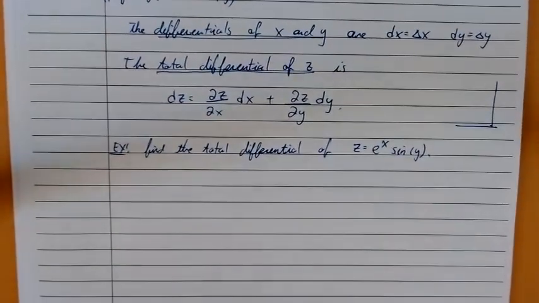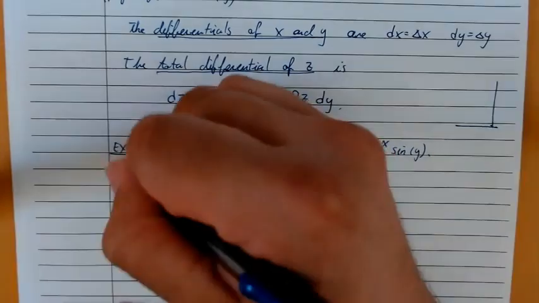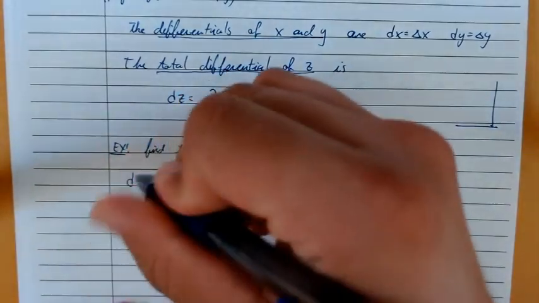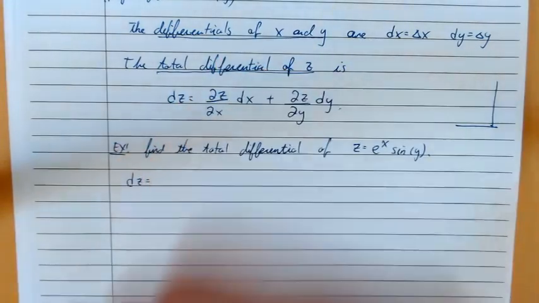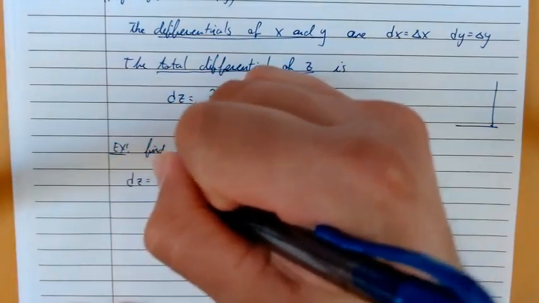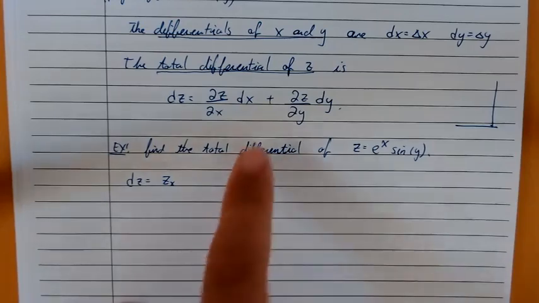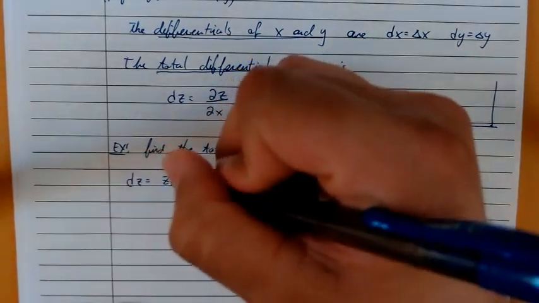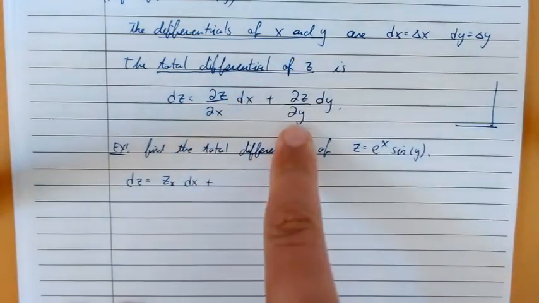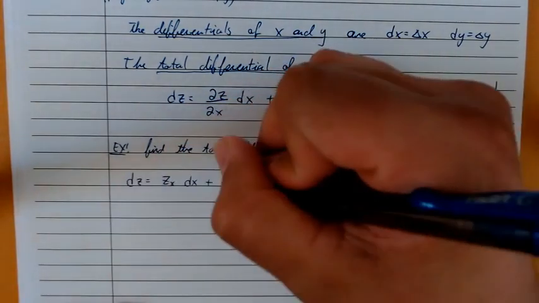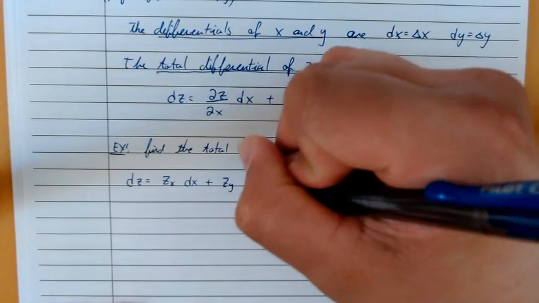All right. Here, the total differential dz is going to be, we're going to take the partial of z with respect to x, let me just say z sub x, times dx, plus the partial of z with respect to y times dy.